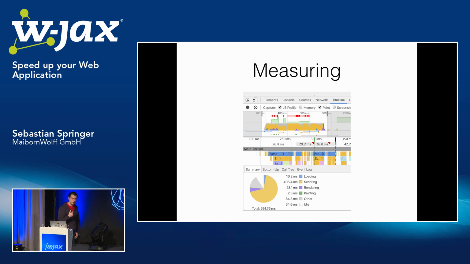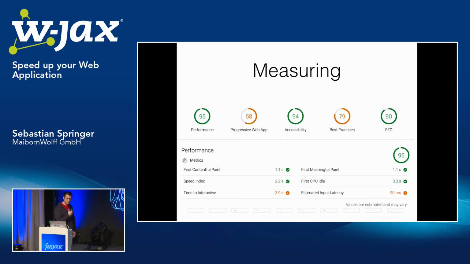And you have a lot of tools which help you even more in measuring your application. For example, there is a tool provided by Google which is named Lighthouse, and that breaks it down even more and gives you more metrics on your application. For example, the performance part of the measurements, which tell you how long does it take until the user sees something.